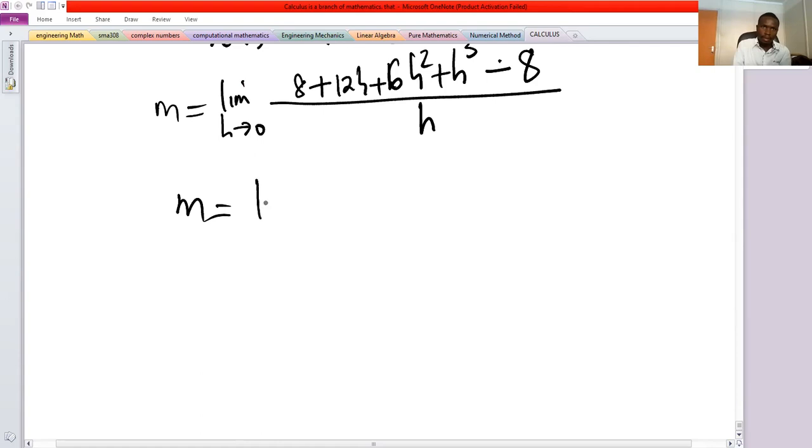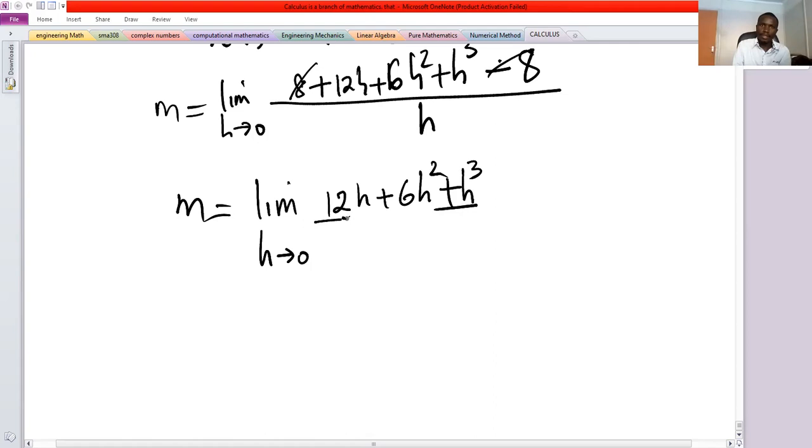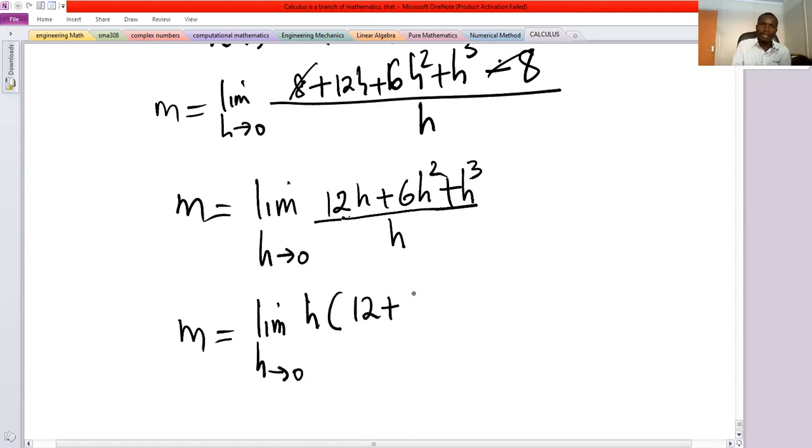So m will be the limit as h approaches 0; 8 and minus 8 cancel. So we'll have 12h plus 6h squared plus h power 3 divided by h. Factorize out h. So the limit as h approaches 0 of h into 12 plus 6h plus h squared, divided by h.